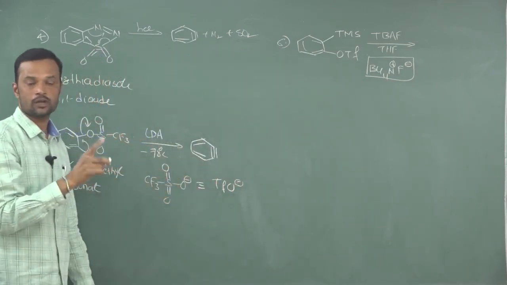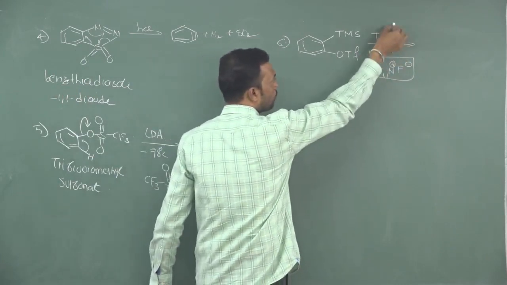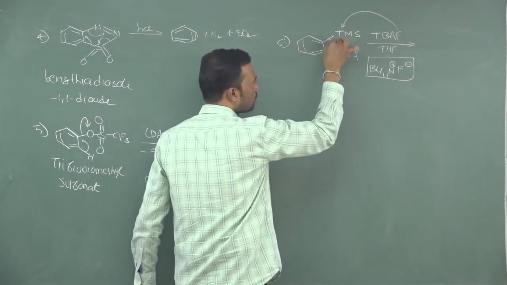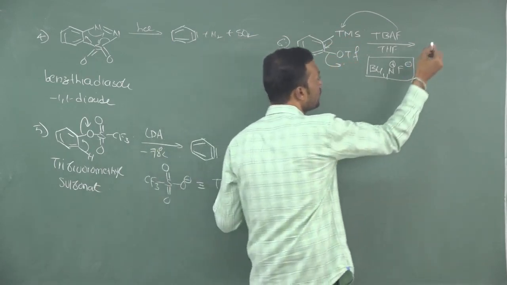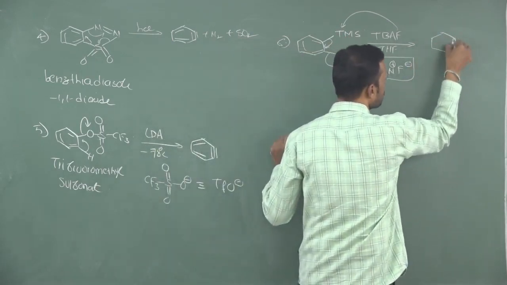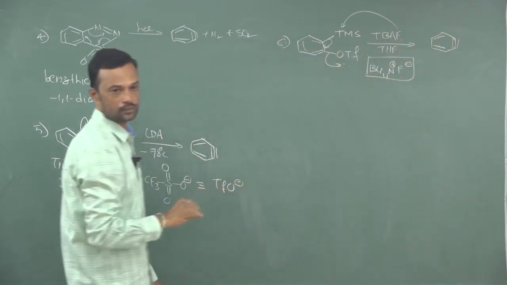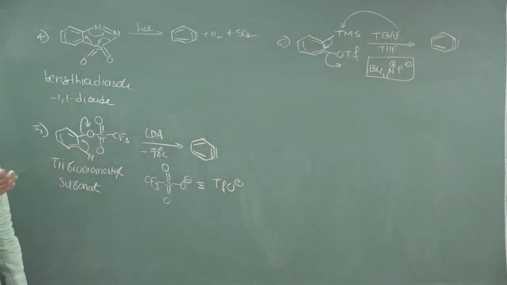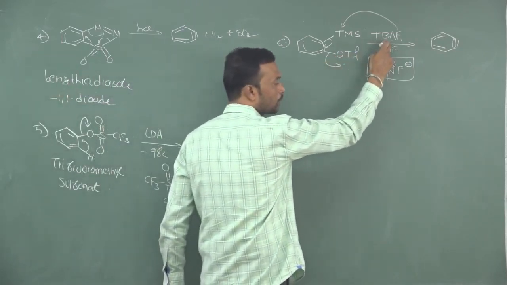If this reagent is given, definitely they will target silicon only. The fluoride will attack on silicon, the bond will migrate here and this will be removed. So removing silicon using TBAF is a desilylation reaction. Silicon is removed by using tetrabutylammonium fluoride.